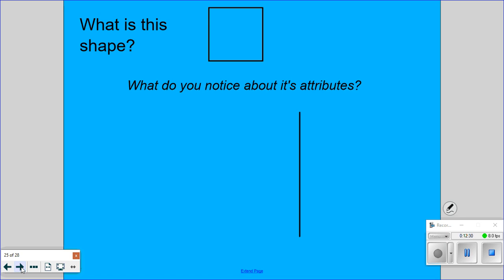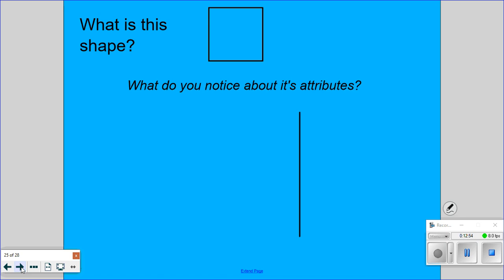All right, to determine what this shape is called, we're going to look at its attributes. What are attributes? Victor, what are attributes? Lines. That could be an example of an attribute. Lincoln, what are attributes?